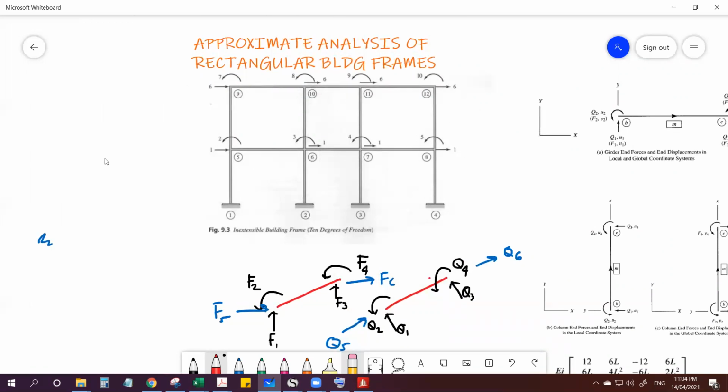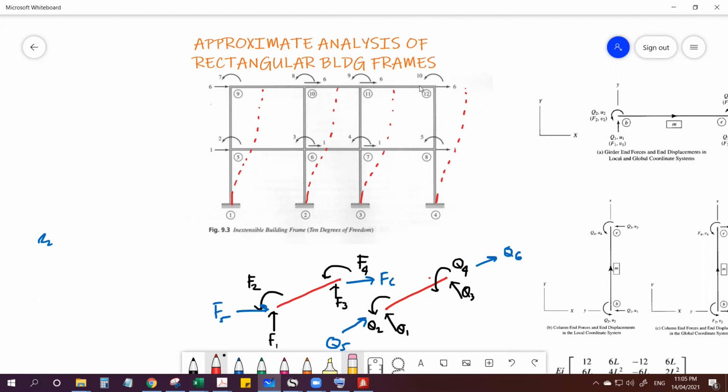And during an earthquake, for example, we assume that the approximate sway of this structure is something like this, right? And this is true because we have a rigid diaphragm.